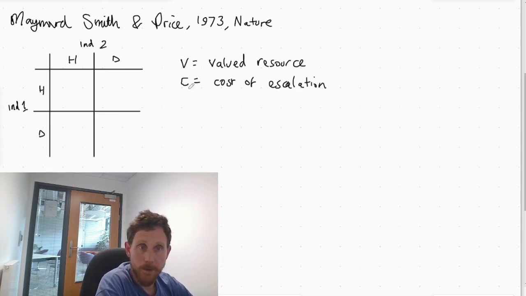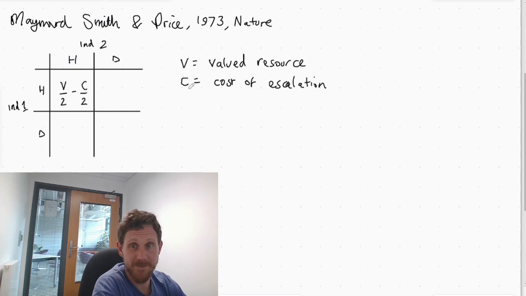In the model, if two hawks meet, they fight. We're always going to be looking at individual one being our focal. So a fight has a 50% chance of winning, but also a 50% chance of paying the brunt of the costs.